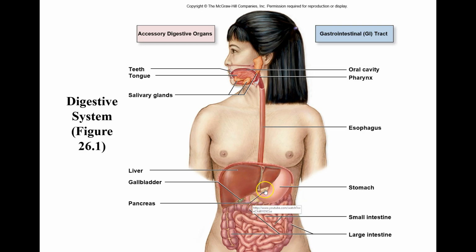In the digestive system, it produces many of the enzymes that break down proteins, fats, and nucleic acids. Oh, and carbohydrates. Sorry.